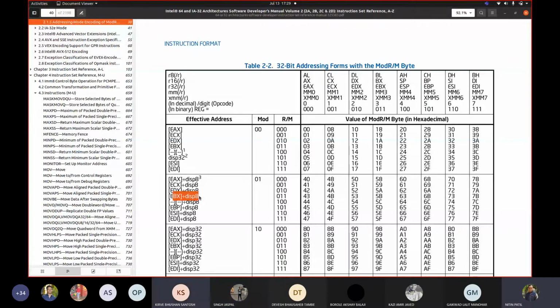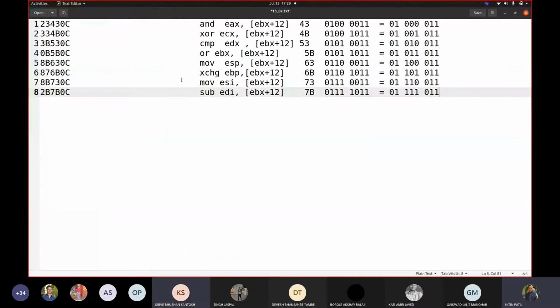The number which can be represented in a byte would be 0 to 255. So whatever register that you have, if you add that number, then only this 01 would be coming into picture.